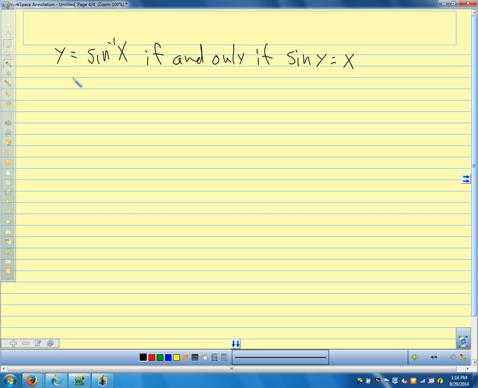The domain of the inverse sine function, the numbers that we're allowed to plug in, is -1 to 1, because no angle has a sine bigger than 1 or smaller than -1. And our range, the angles that we get out, are between negative pi over 2 and pi over 2.